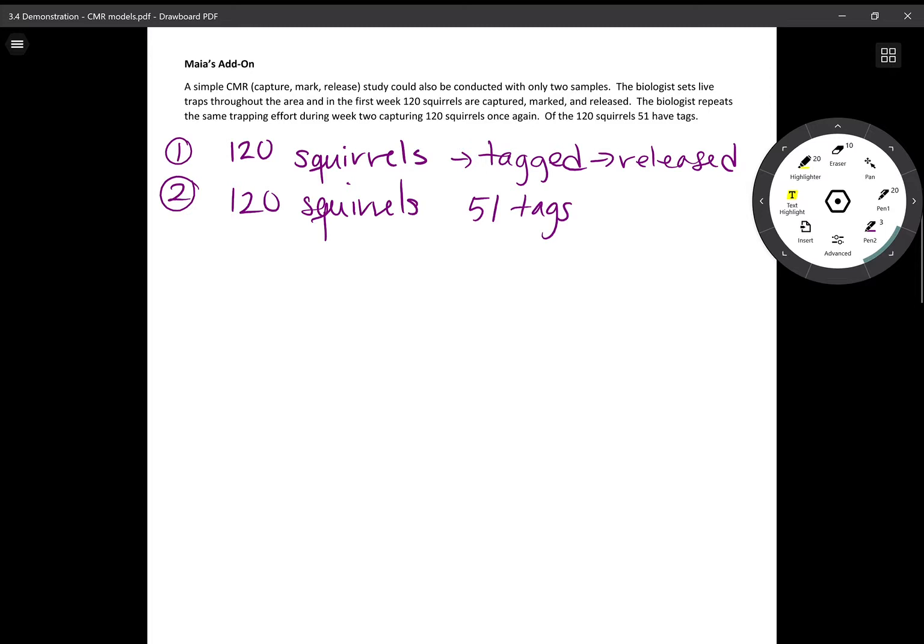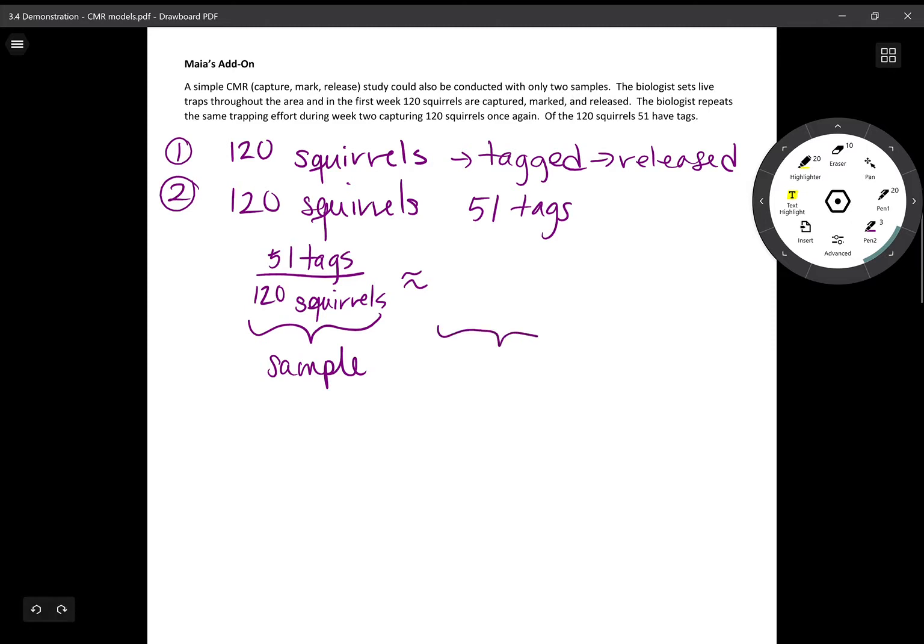The idea here is that if there are 51 tags in the sample of 120 squirrels, so this is for our second sample, we should be able to use that ratio to tell us something about the population of squirrels. So over here, we want to make a ratio for the entire population, all the squirrels in the area.